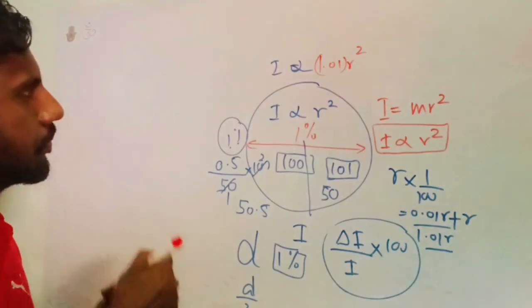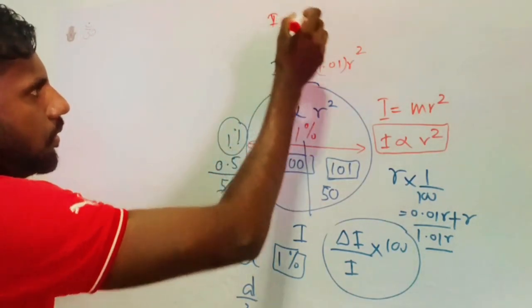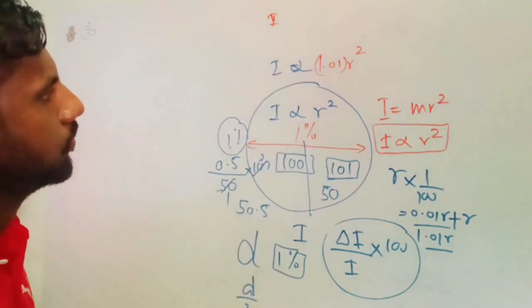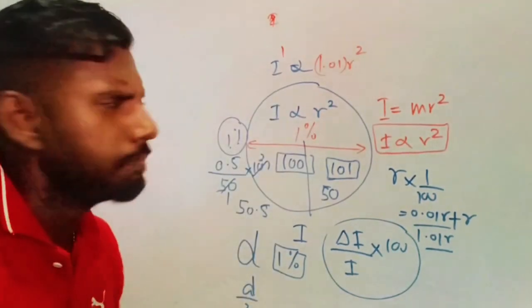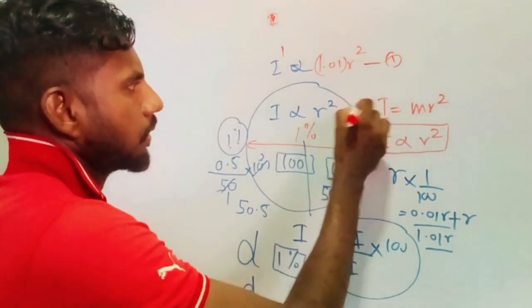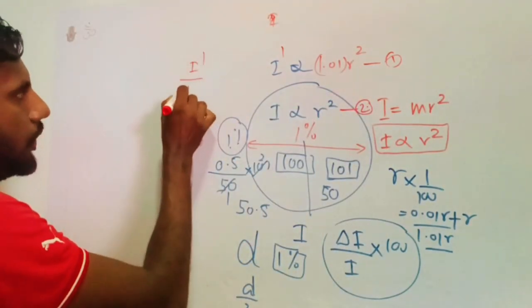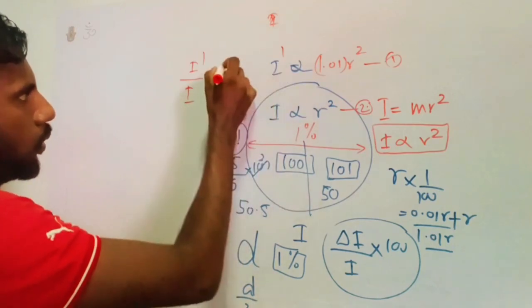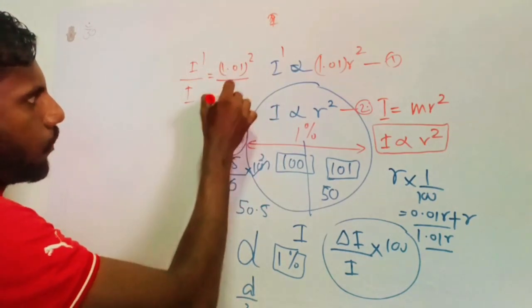So what will be the final value? Let's see. It's I, and this is I dash. Okay, I dash. Let's divide these two. First one divided by second. So what are we getting? I dash over I equals 1.01 square divided by 1.